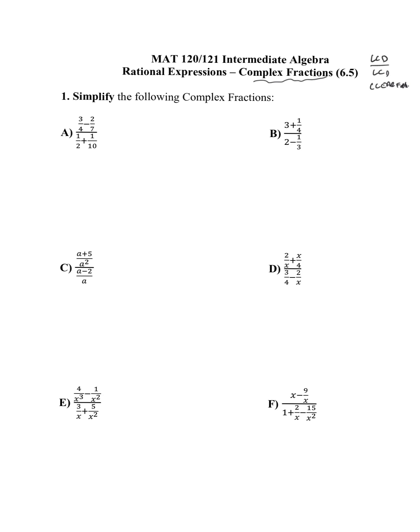So for the first one, we have a subtraction statement up in the numerator, and an addition statement down in the denominator. So we basically have a very complex fraction. Our charge is to find the LCD. We got 4, 7, 2, 10.